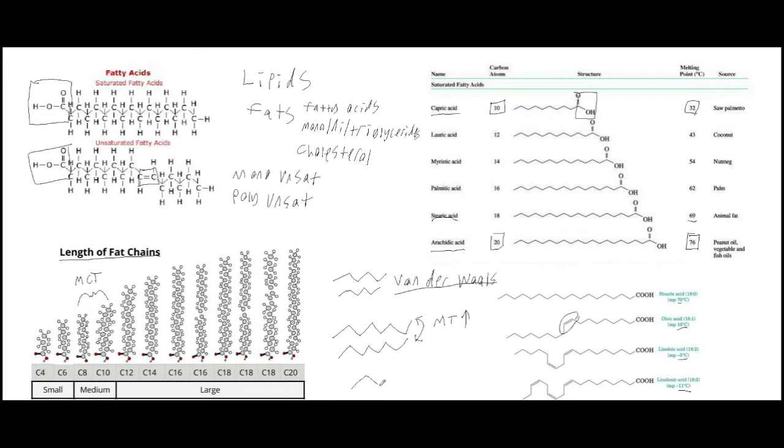But if you have a double bond like that, then you see over here that this causes this sort of curvature, this bend in the chain, and so you don't get this nice stacking on top of each other. These unsaturated fatty acids don't stack on top of each other as nicely, so they move past each other and wiggle around a lot more, and so that makes them much more liquidy.